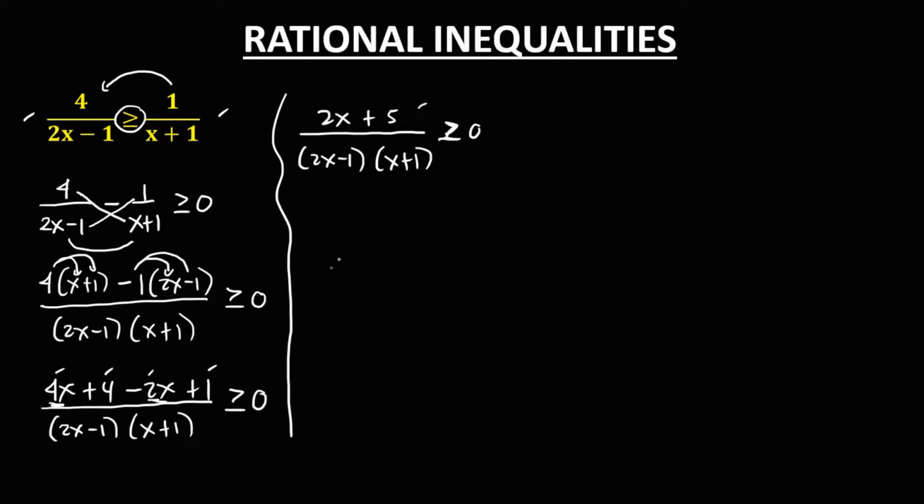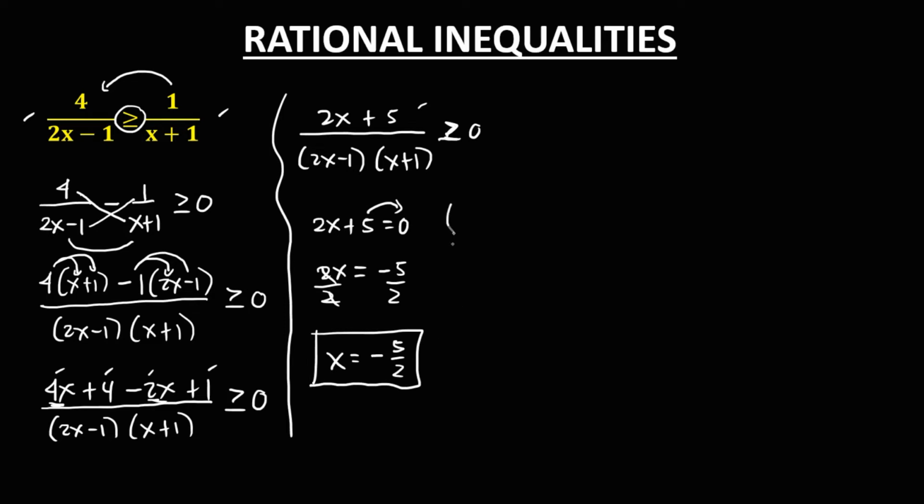From the numerator, that's 2x plus 5 equals 0. Then we have 2x equals transpose, that's negative 5. And divide both sides by 2, so x is equal to negative 5 over 2. Then from the denominator, that's 2x minus 1 equals 0.